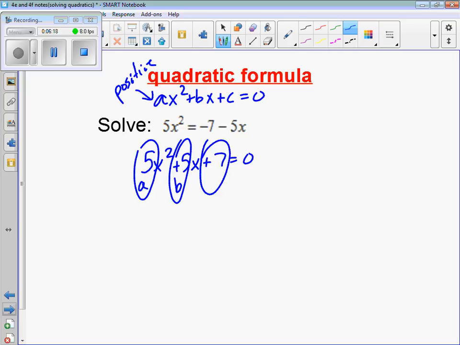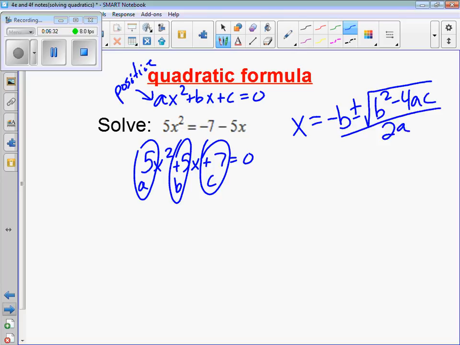So now we're going to use the whole formula, which is x equals the opposite of b plus or minus the square root of b squared minus 4 times a times c, all over 2 times a. Let's substitute each number in for the variable.